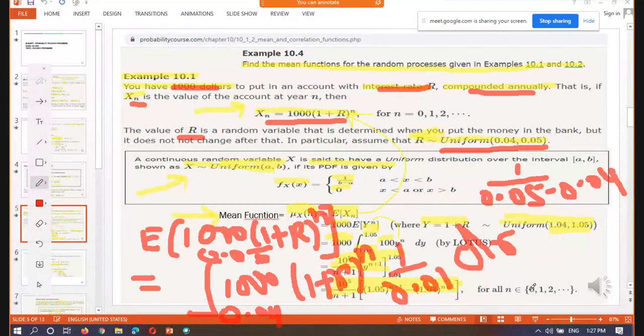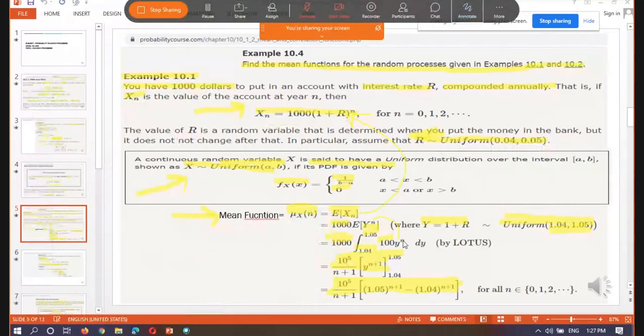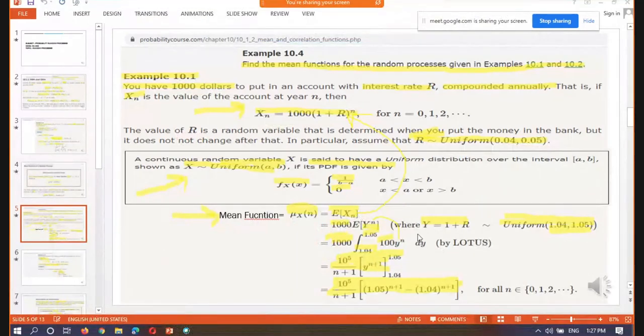Okay, or you follow the procedure given here, like you write 1 plus r as y.